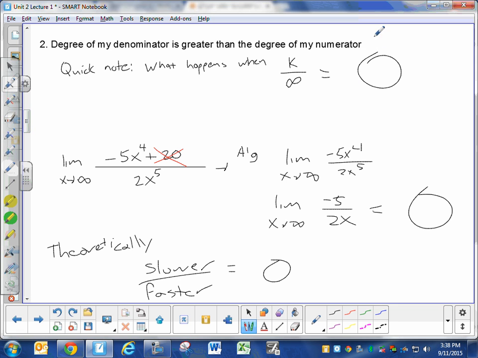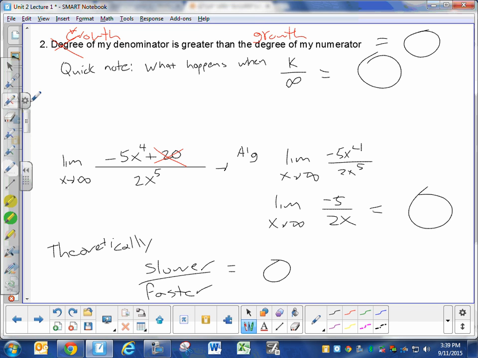Okay, so if the degree of your denominator, or the growth of your denominator, is faster than the growth of your numerator, 0. You don't have to necessarily say degree, you could say growth is greater than the growth.